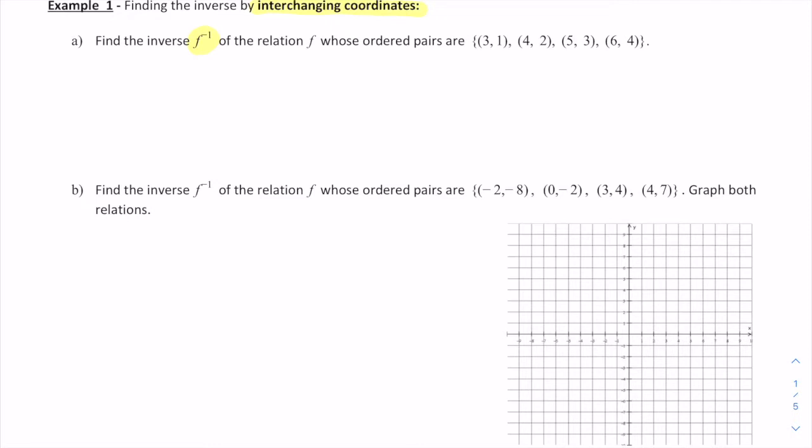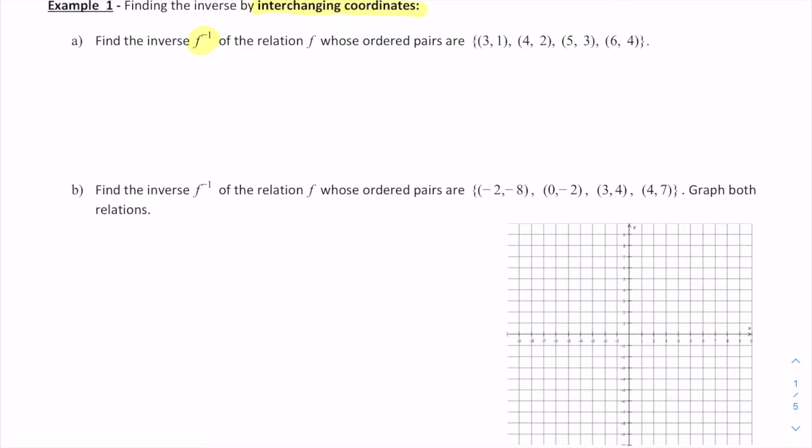So we're going to find the inverse, f inverse, of the relation f, whose ordered pairs are (3, 1), (4, 2), (5, 3), and (6, 4). When we're finding the inverse and we have some ordered pairs, we can just swap our x and y coordinates.